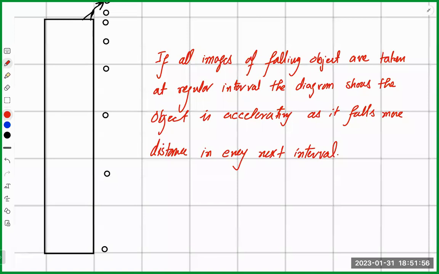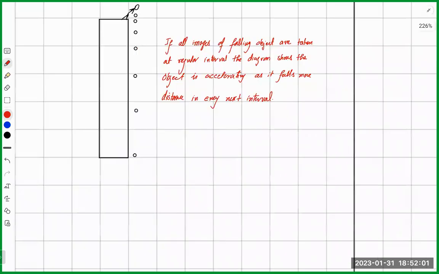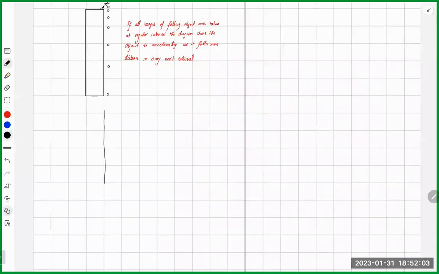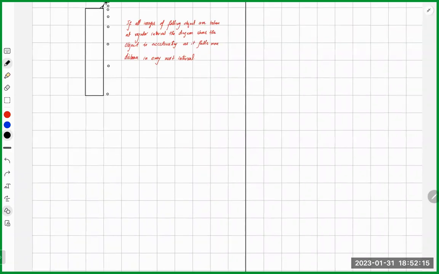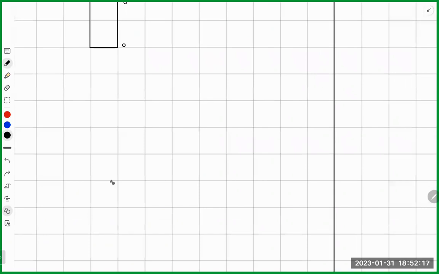Now, I will be making graphs for this object because in this case, everything is downwards. Object is traveling distance downwards, object velocity is downwards. So we'll be considering downward as positive. Okay.